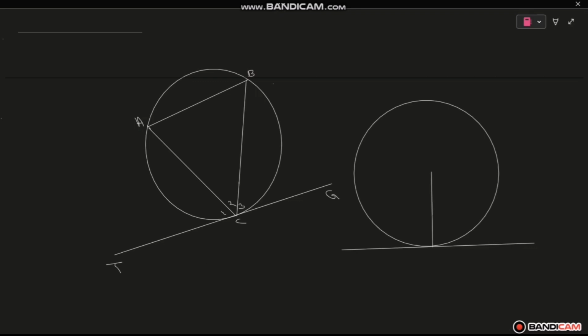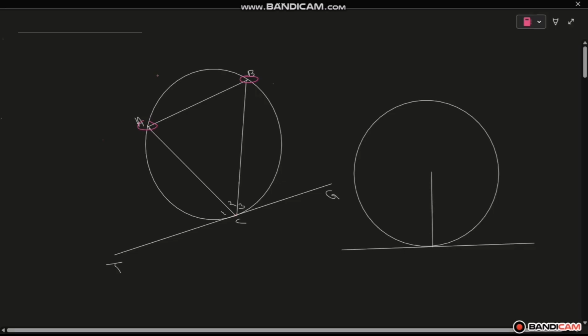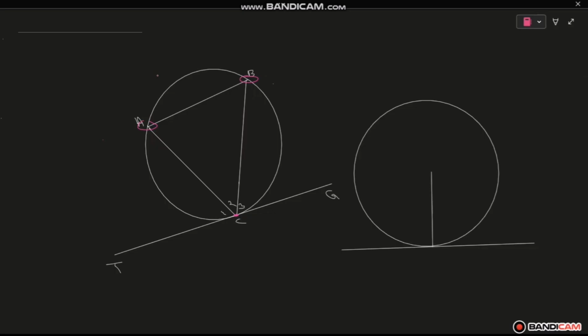Then we have different angles here. We have angle A, B, and C. Actually, they must touch the circumference, and it forms a triangle, as you can see, 3 sides and 3 angles. So C1 must be equal to angle B. So angle C1 equals angle B. Then what is the reason?